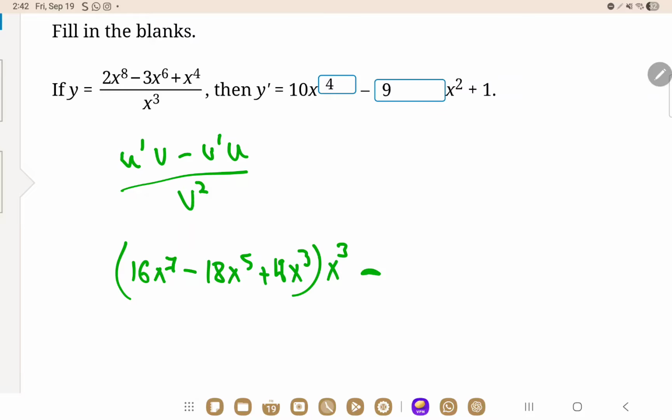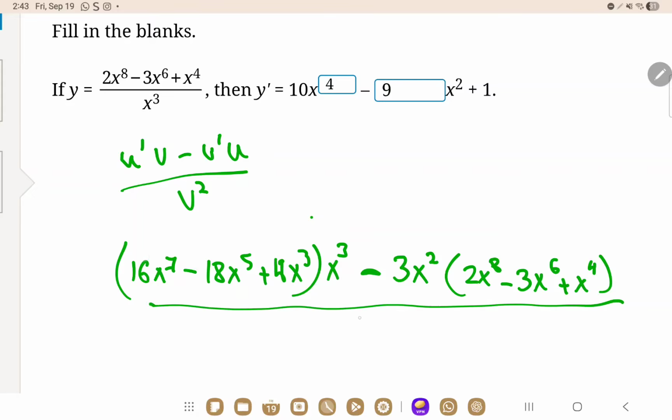I was going to say you could put this into your calculator, but they didn't tell you x equals whatever, so you can't do that. Anyways, minus v prime, which is 3x squared, into 2x^8 minus 3x^6 plus 4x^4, all over x cubed to the power of 2.